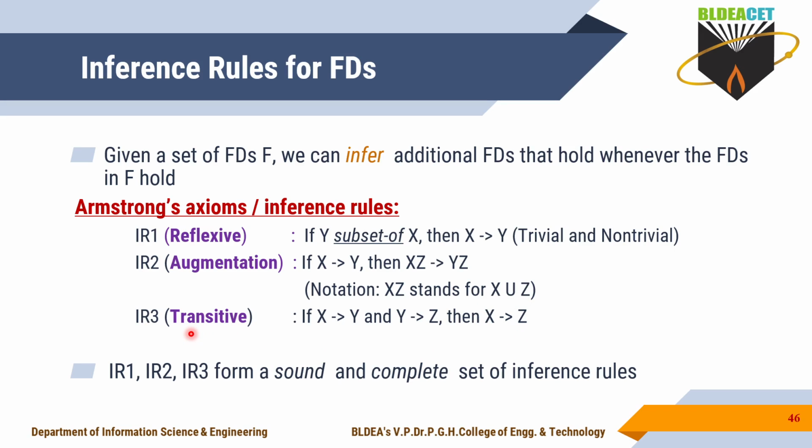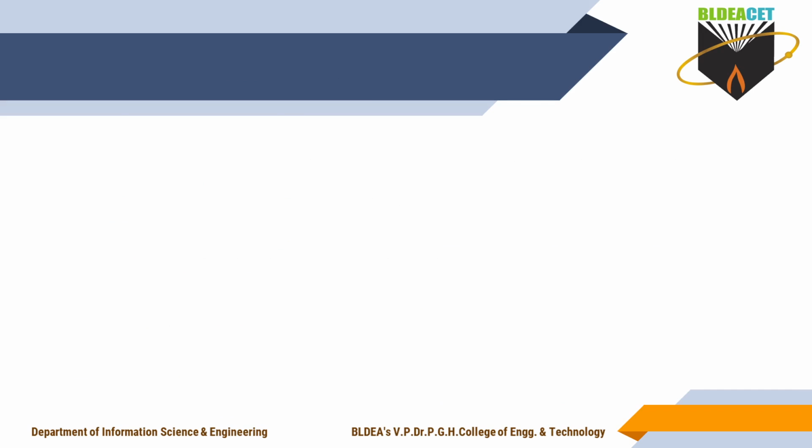IR1, 2, 3, meaning inference rules 1, 2, 3, are called a sound and complete set of inference rules. As I told, these are the basic, direct and complete set of rules.